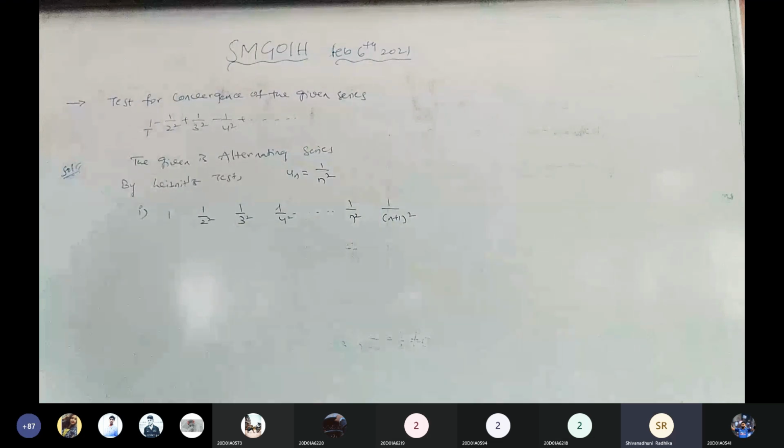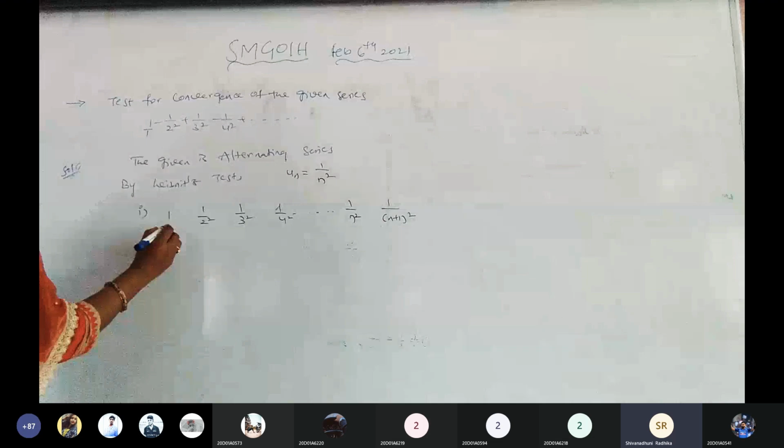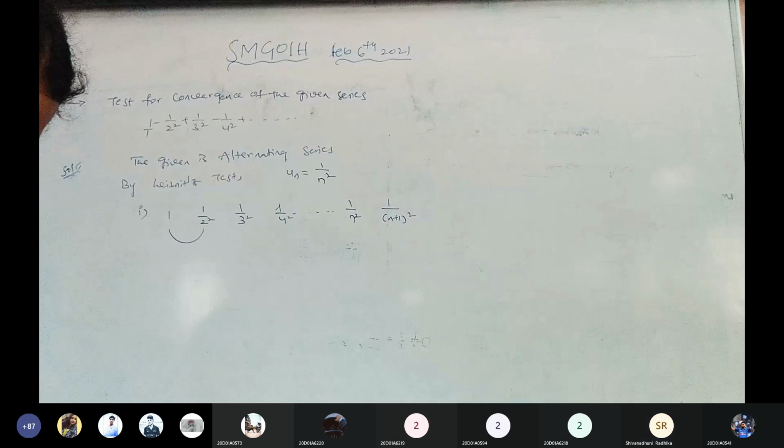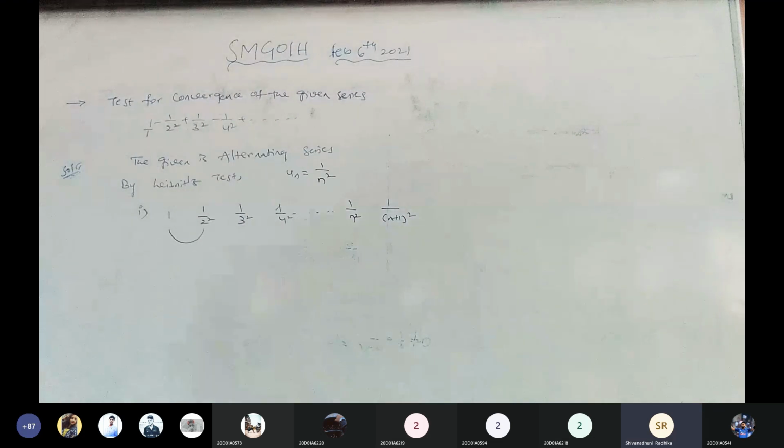Now we need to check the condition. Compare 1 and 1 by 4. Which one is the bigger value? One only, ma'am. Yes, this is 1 only.